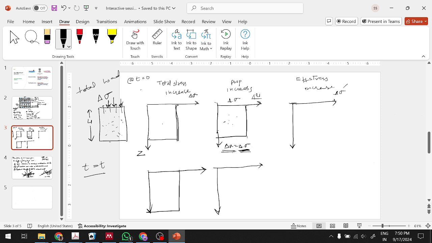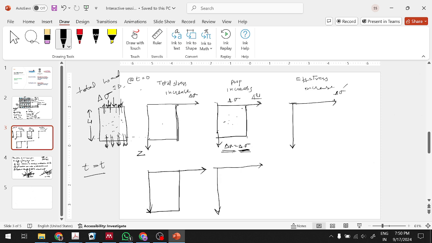So at the ends of the sample, for example, if you are talking about one-dimensional consolidation, water will start leaving from here. Water will start leaving from here, and here the excess pore water pressure will become zero.